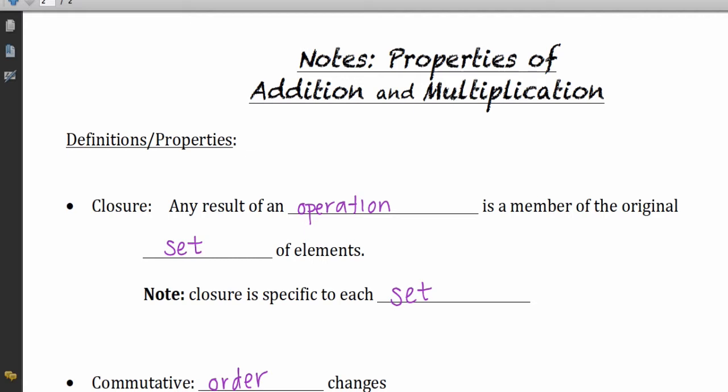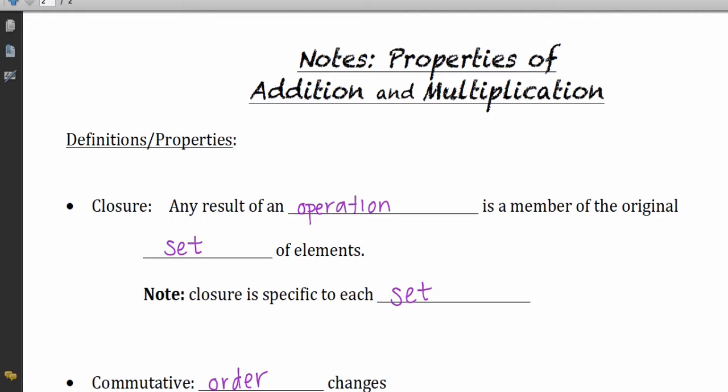Closure is defined as any result of an operation is a member of the original set of elements. So basically what that means is a set is closed if the output is a member of the set. So it is important that we know what type of set we're talking about.